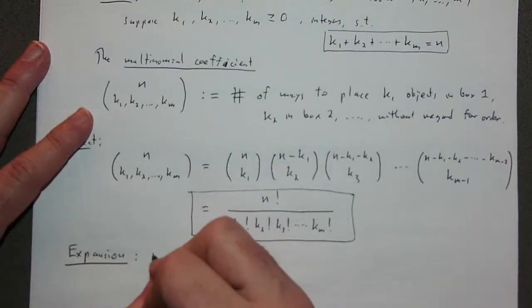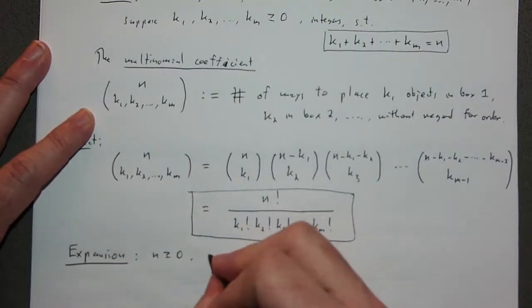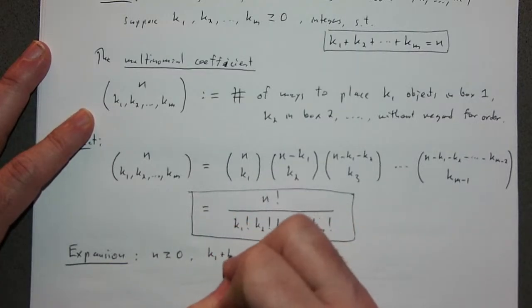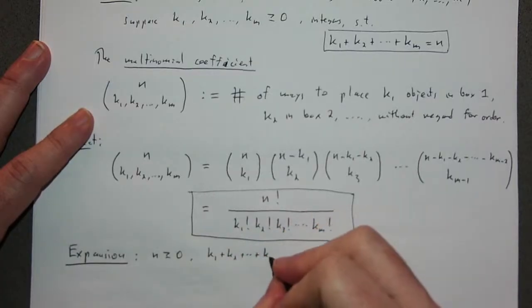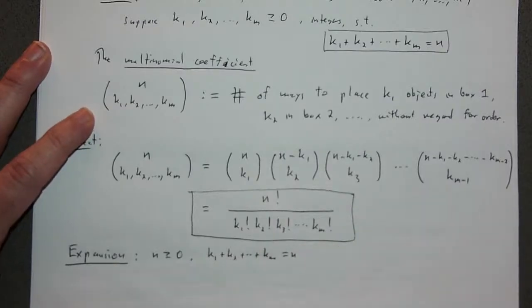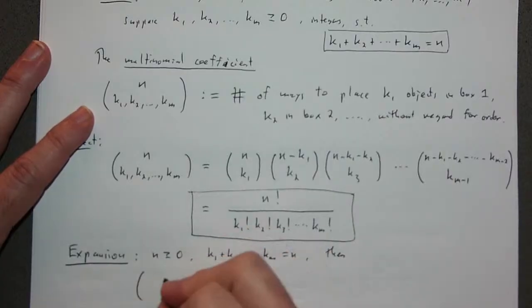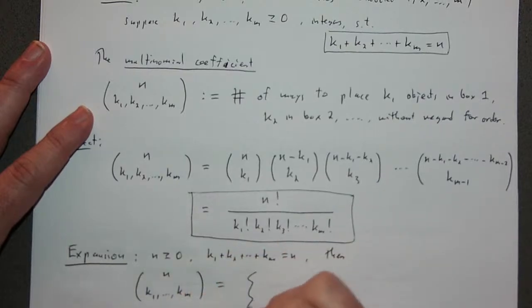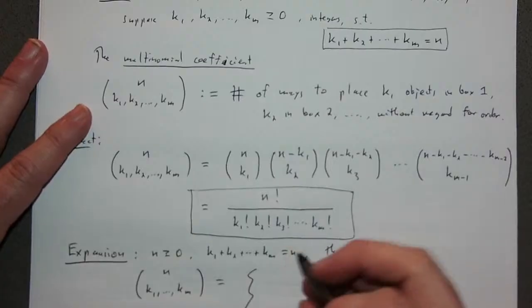If n is a non-negative integer and k sub 1, k sub 2, and so on, sum to n, then this multinomial coefficient is exactly what we said it is if each k is non-negative.